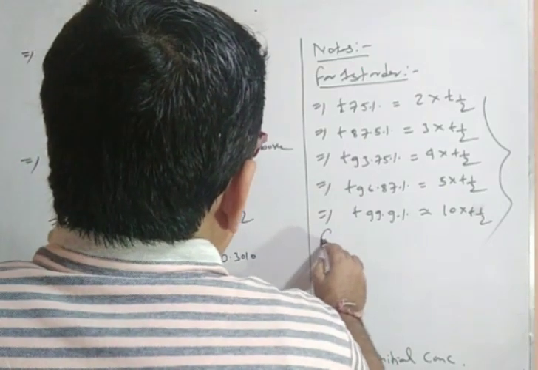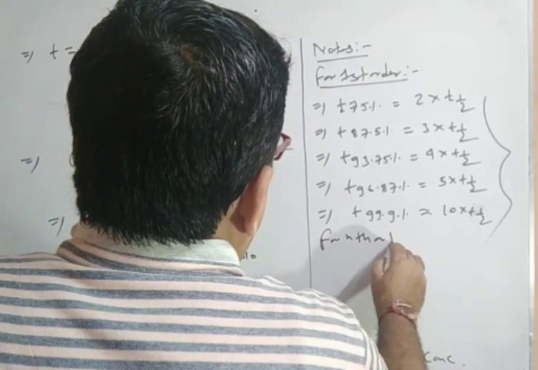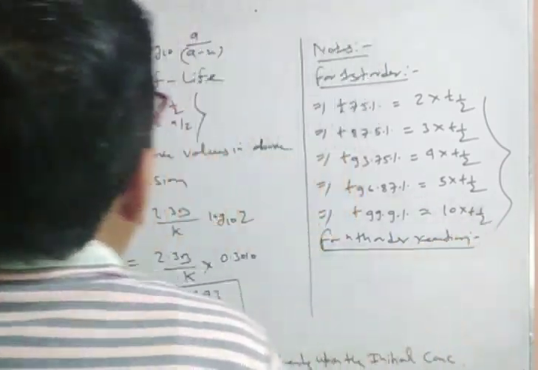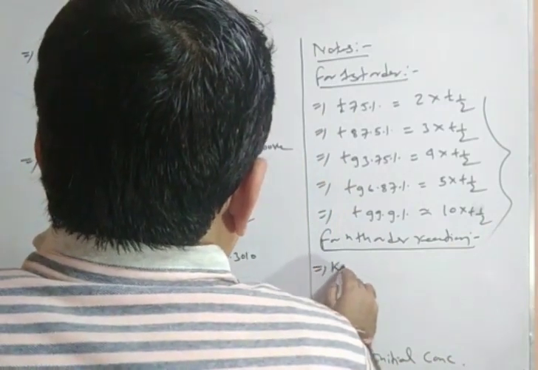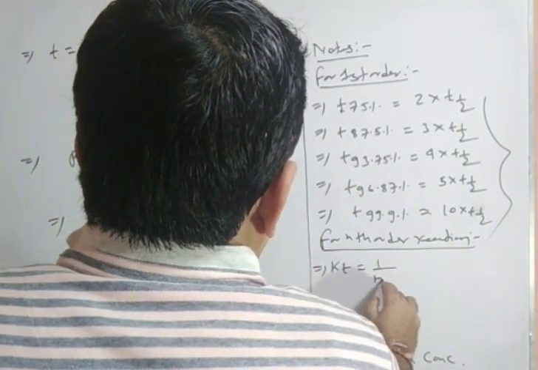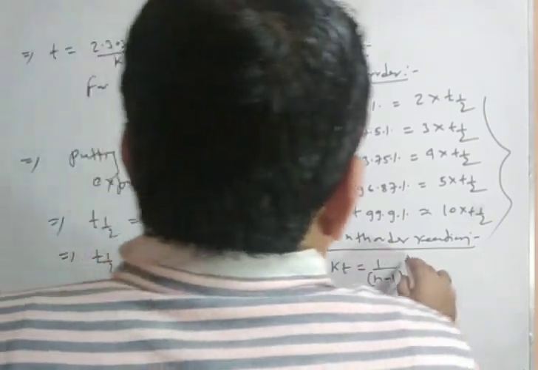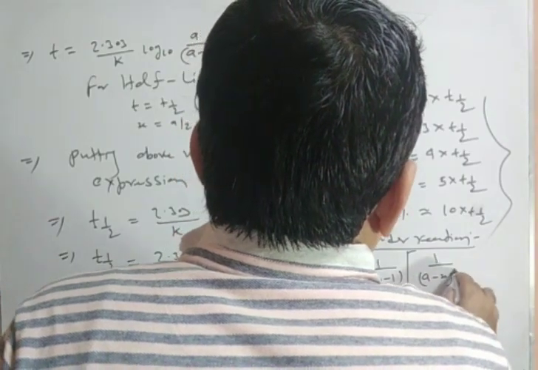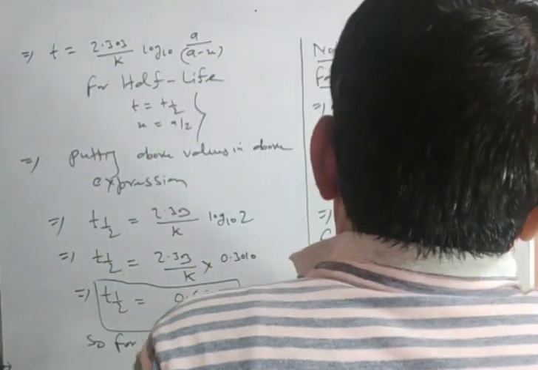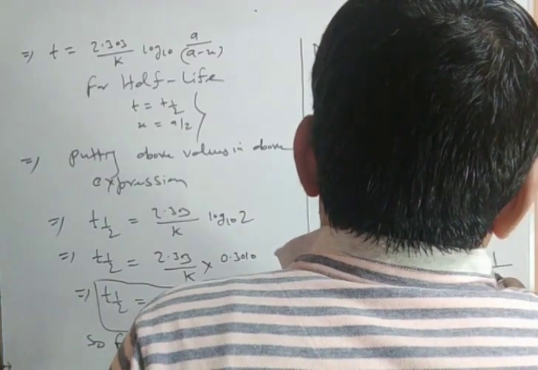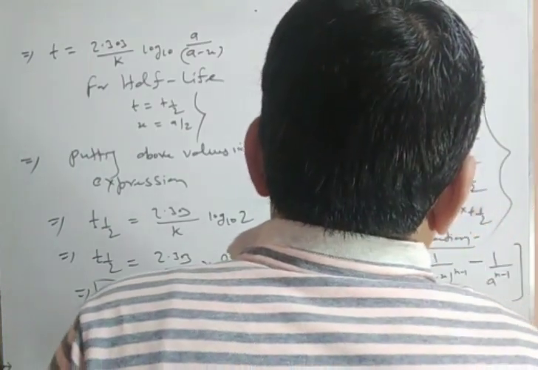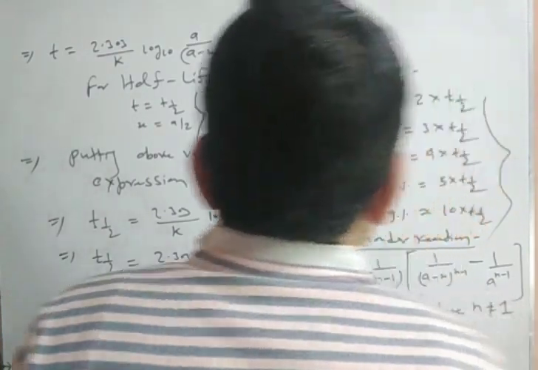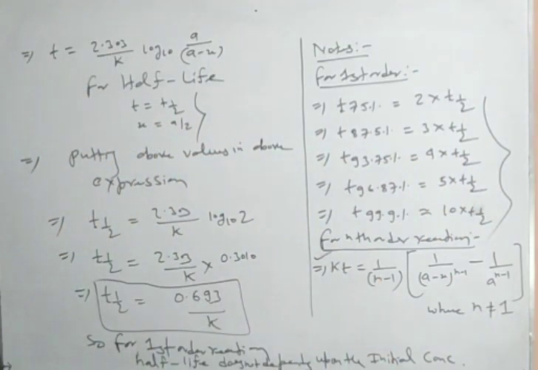For nth order reaction, this is the general expression: k t is equal to 1 by n minus 1 times the quantity 1 over a minus x to the power n minus 1 minus 1 over a to the power n minus 1, where n is not equal to 1. So this is the general expression for nth order reaction.